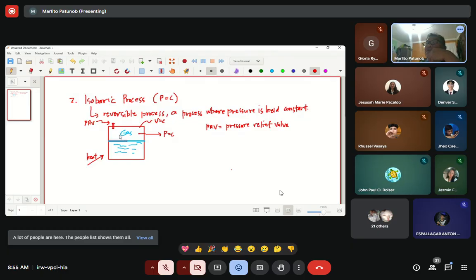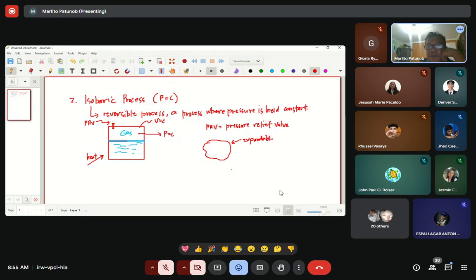Or also in a process wherein the volume can expand, no? So for example, this is an expandable system. Okay. And there's a gas here, and you are going to introduce heat.